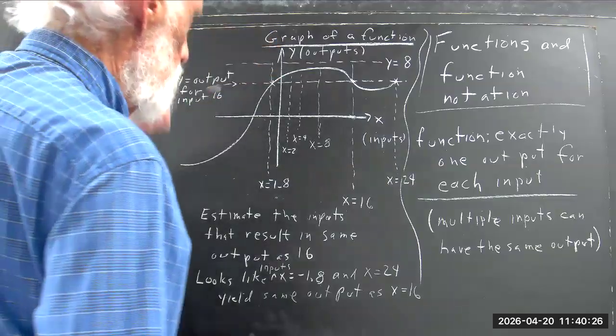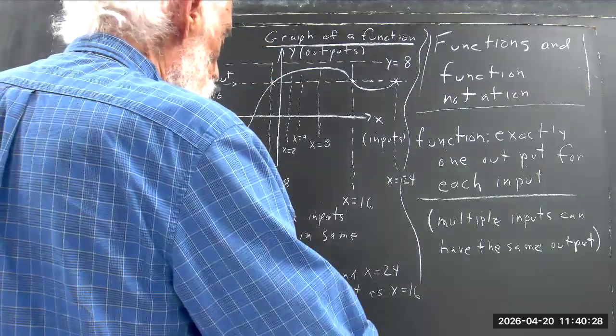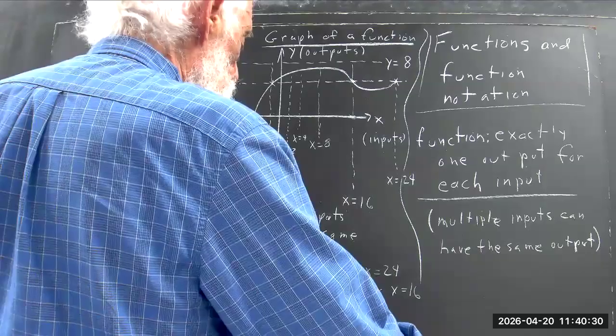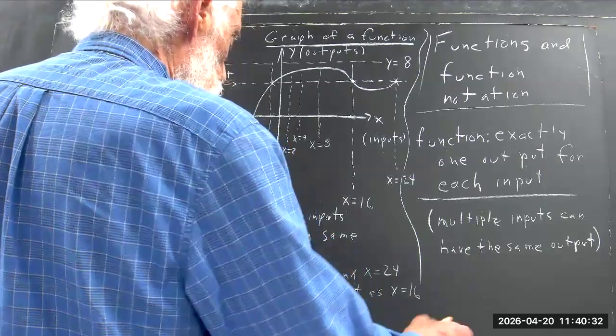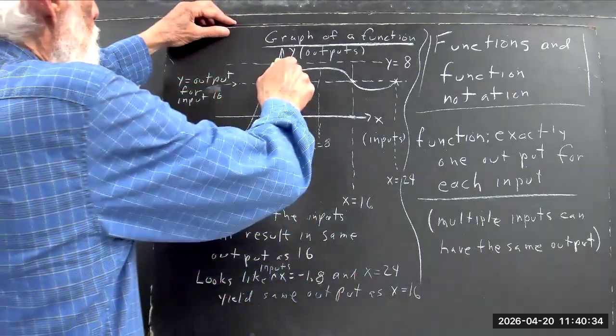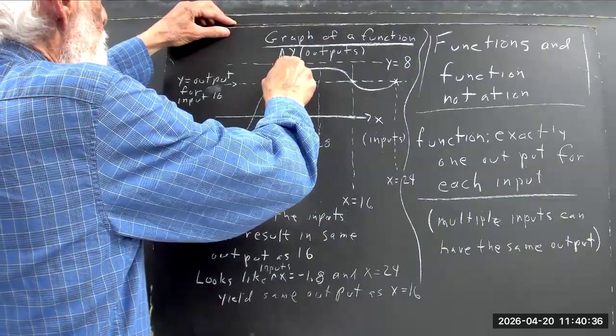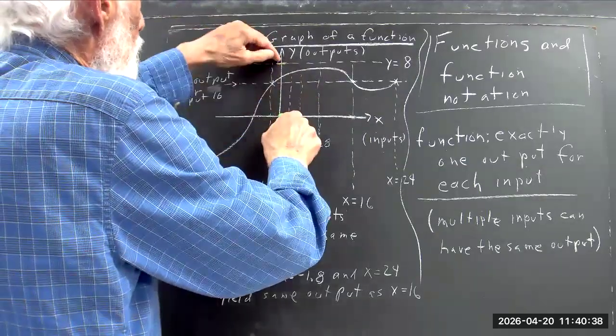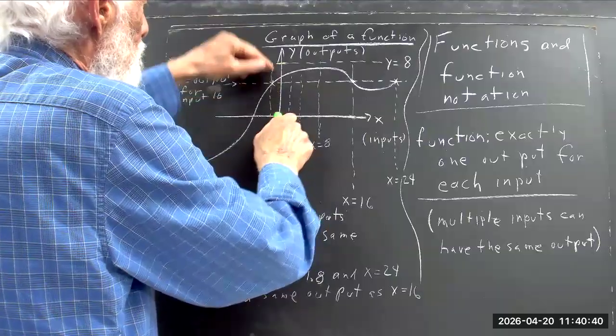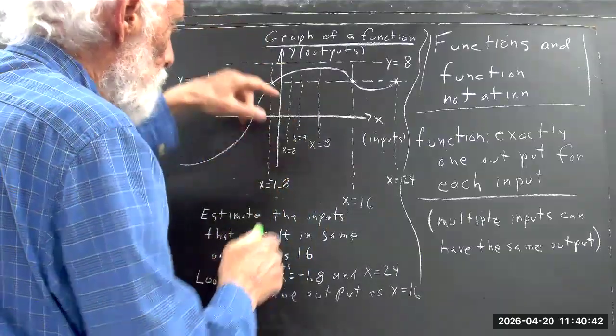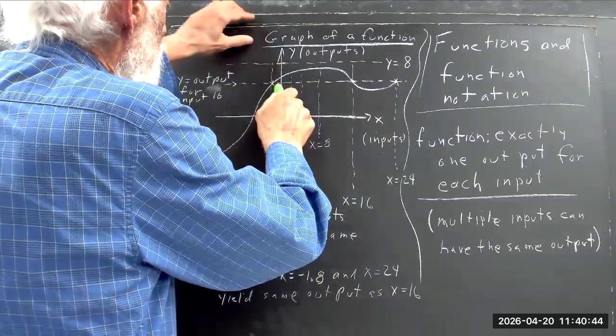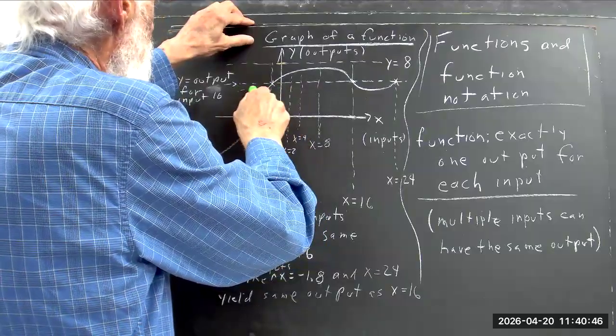Now we could estimate. Graph's getting a little busy, so I'm going to use a different color here. Okay, here's y equals 8. If I come halfway down to the x-axis, of course, y equals 0 on the x-axis, half of 8 is 4.